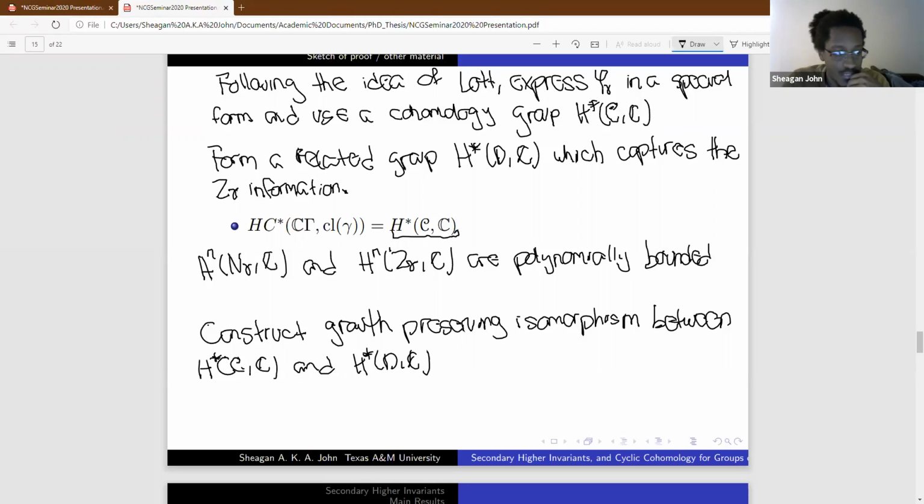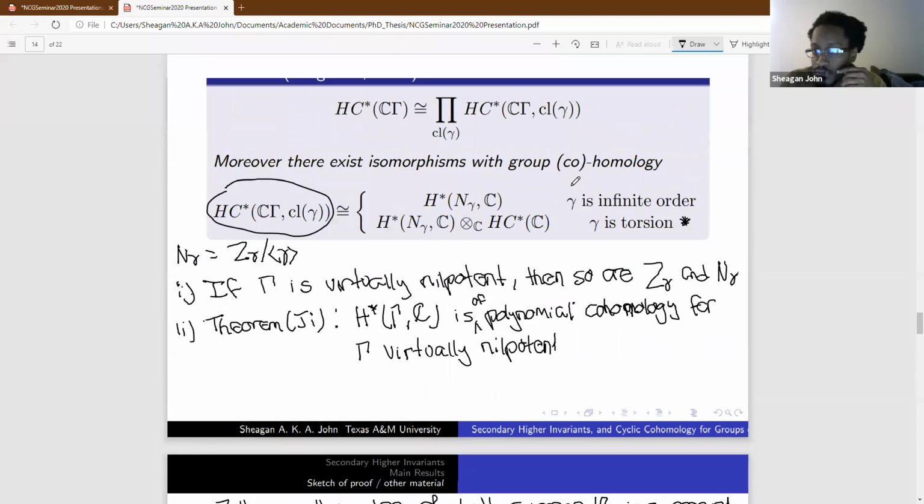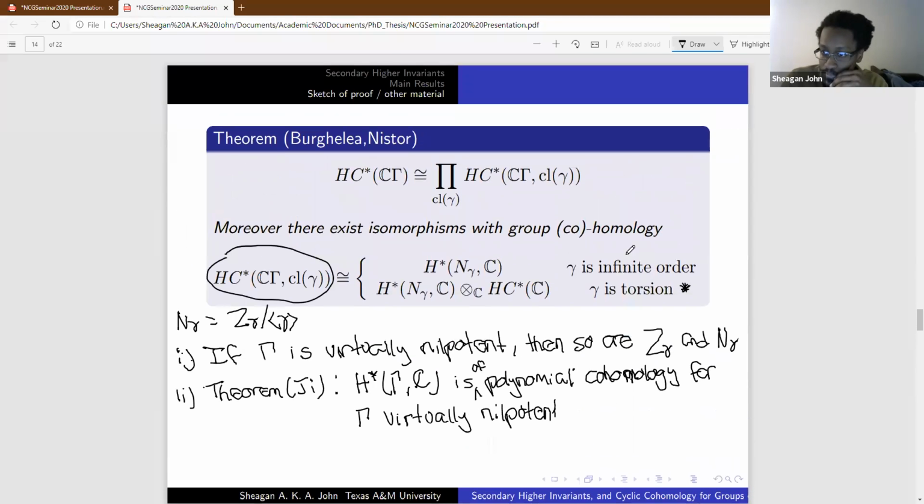Now the existence of this growth preserving isomorphism is quite dependent upon, as I mentioned before, gamma of infinite order not contributing to this cyclic cohomology.